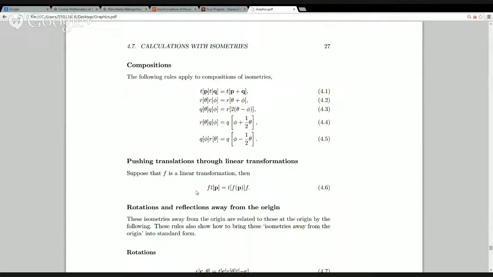And tidy that up a bit, rotating the vector minus c is the same as minus rotating the vector c. So in total, you've got translation by c minus r theta c, and doing that after rotating by theta. So this is in standard form.